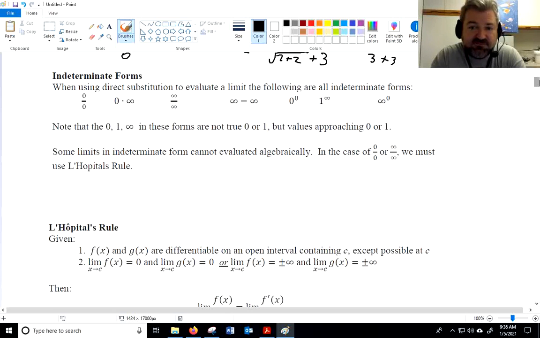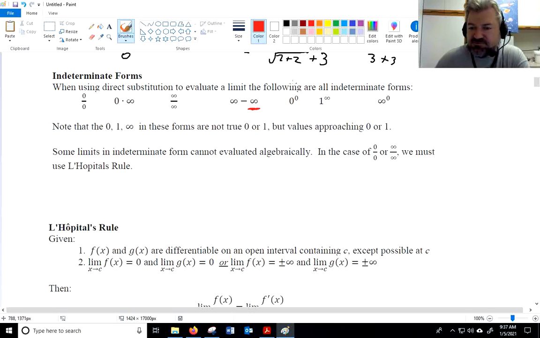An infinite number minus another infinite number, again, it depends which one's bigger. It doesn't make sense to say a bigger infinity, I know, but if this is going to infinity faster than that one, then we're going to have a negative answer. Vice versa if the other were true.